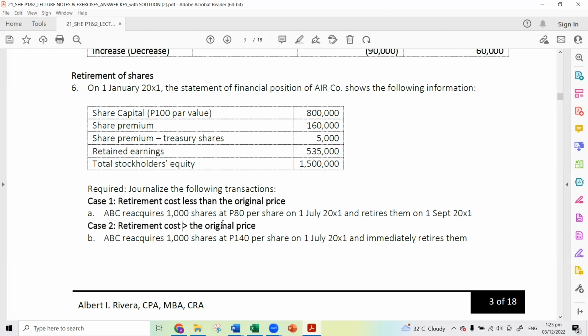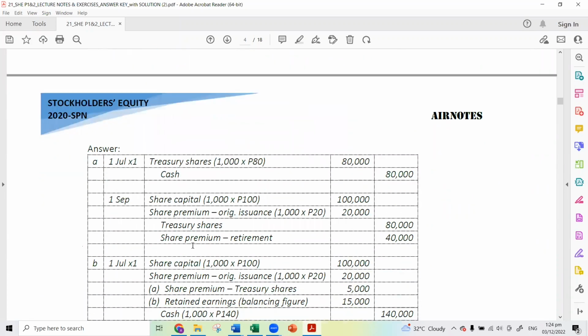Tapos any difference between the total amount removed and the retirement cost i-account mo based on this consideration. If the par value and the related share premium of the retired shares exceed the retirement cost, the difference is credited to share premium retirement.